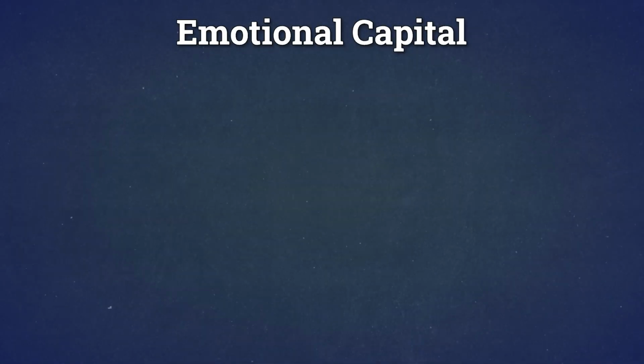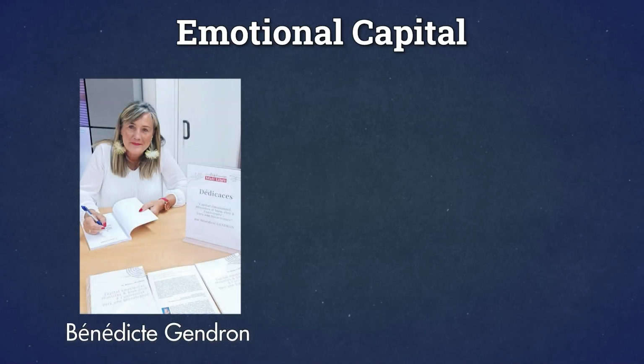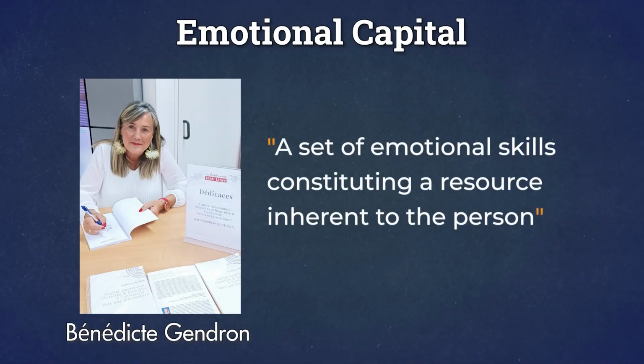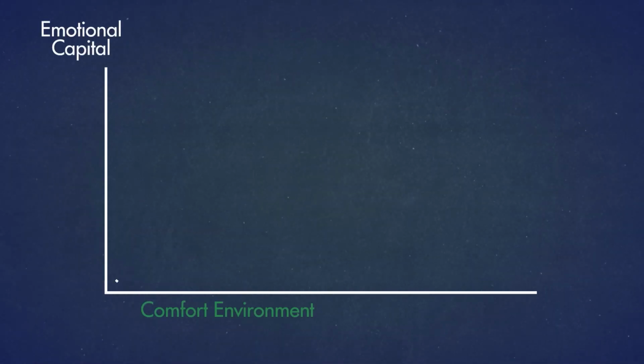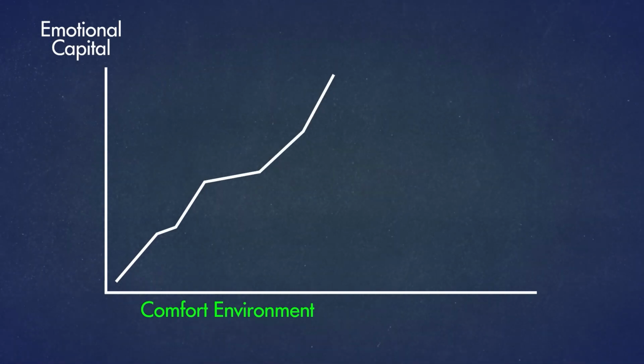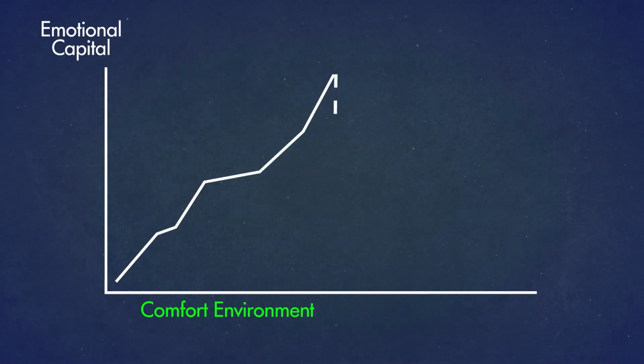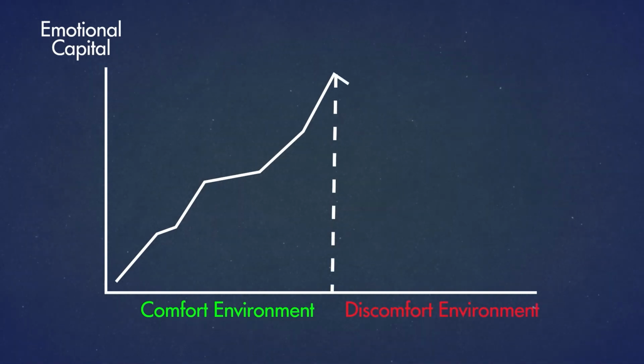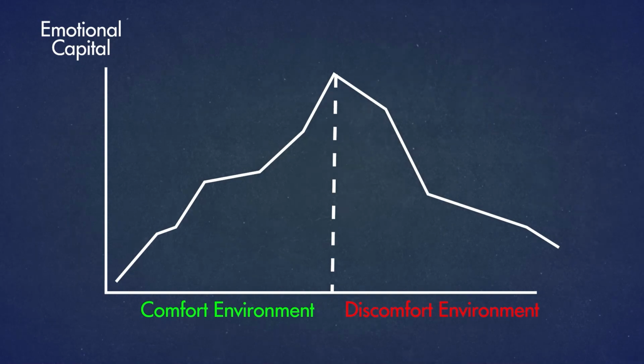This concept is defined by researcher Bénédicte Gendron as a set of emotional skills constituting a resource inherent to the person. It is influenced by the socio-cultural environment and improves over time if the environment is favorable. Indeed, if a child is bullied or humiliated, their discomfort increases, which can lead to physical repercussions and disrupt learning.